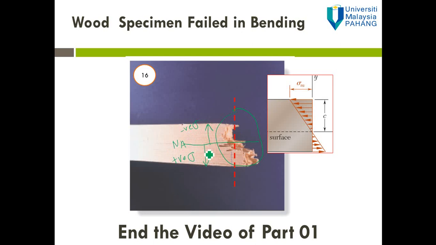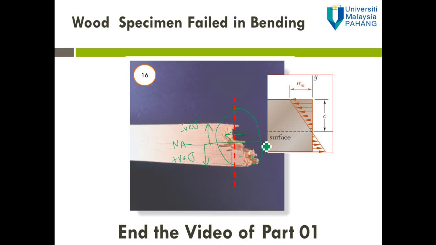Clearly, the tensile stress below the neutral axis will cause the wood to pull out, and the compressive stress at the part above the neutral axis will pull in the wood.